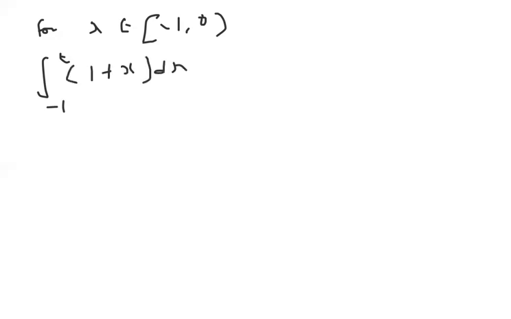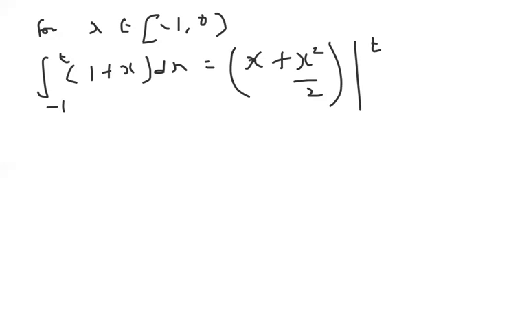That will give you x plus x squared all over 2, from -1 to t. When you expand it, you have t plus t squared over 2 plus half.